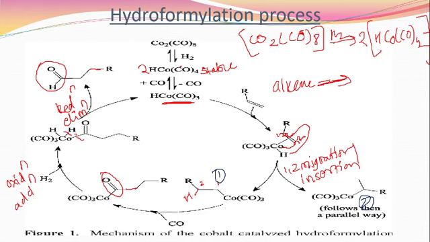You must know the conversion of alkene to aldehyde. Here the alkene is double bonded, and it gets converted to the CHO compound. If you know this, then accordingly you can add the different processes used in the catalytic reaction, that is 1,2 migratory insertion, oxidative addition and reductive elimination.